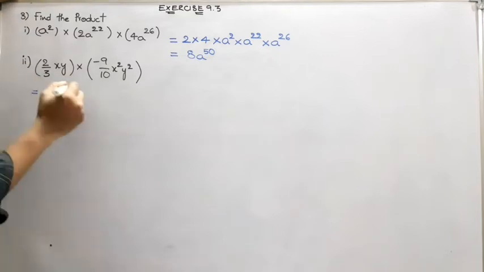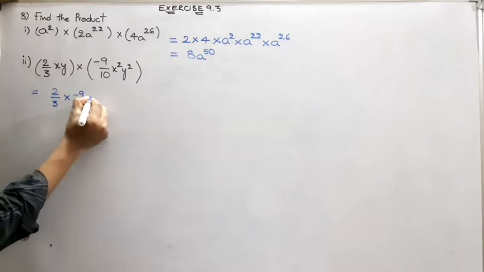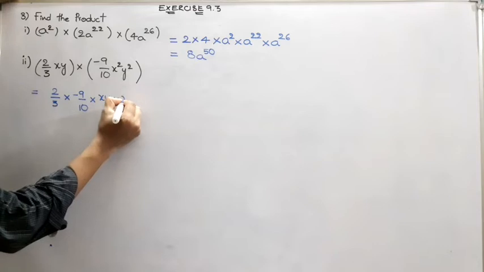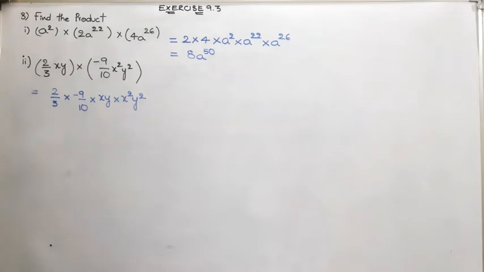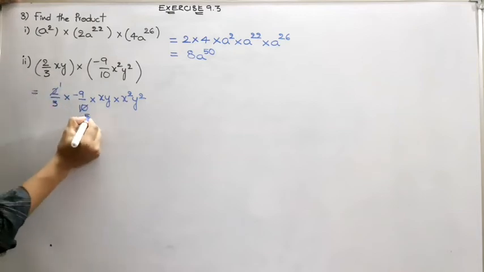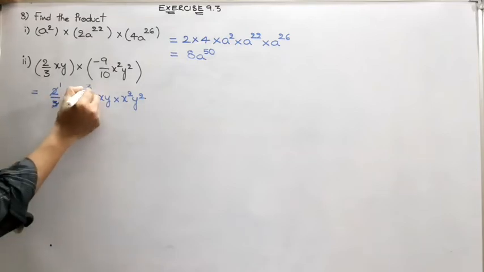So 2 by 3 multiplied by minus 9 by 10 multiplied by xy multiplied by x square y square. Now look, here we have a chance of cross cancellation where 2 1s are 2, 5 2s are 10, and similarly in this 3 1s are 3, 3 3s are 9.